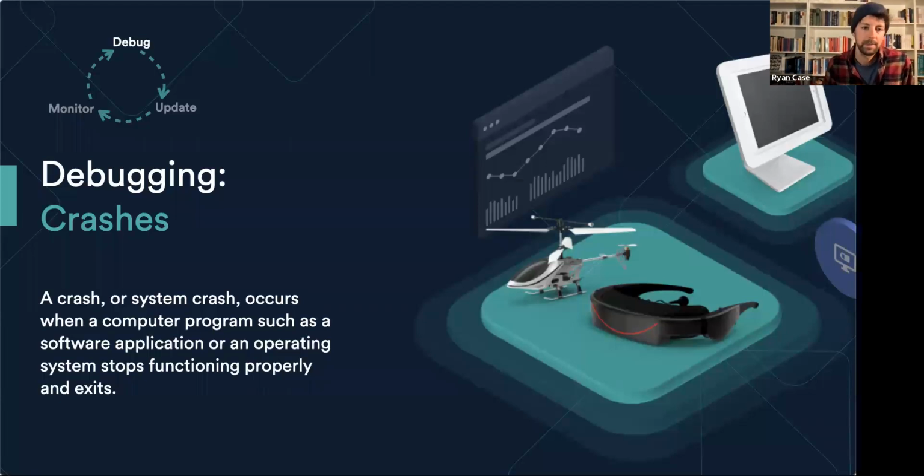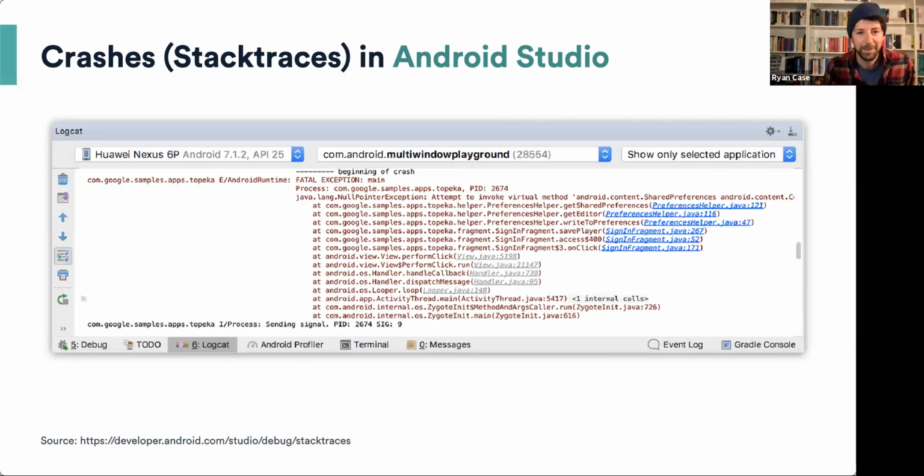All right. The second kind of debugging that we commonly see is crashes. Again, this probably looks pretty familiar, the same log viewer in Android Studio. Here we can see a program stopped executing, and we can see the stack trace that led to the crash.